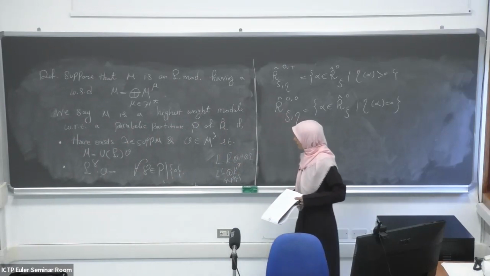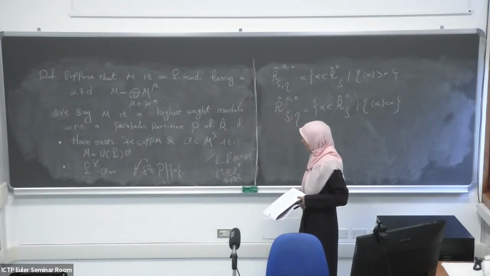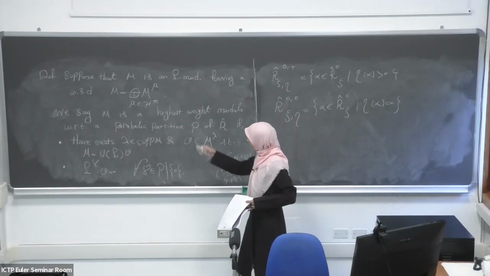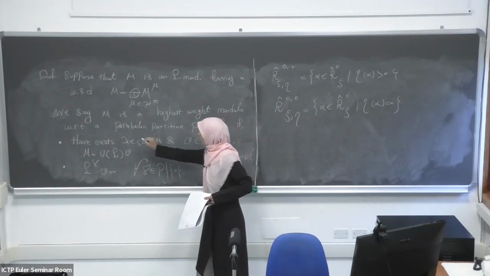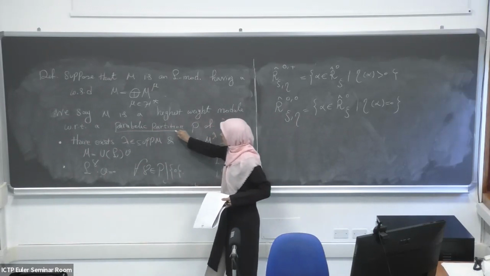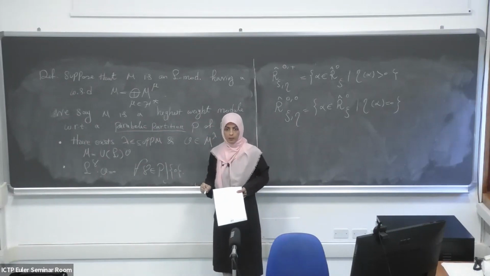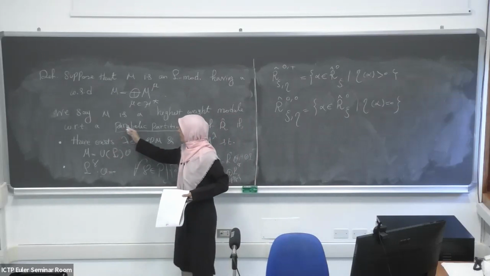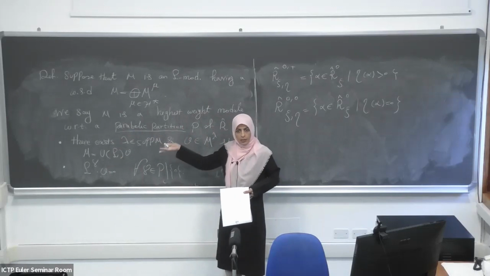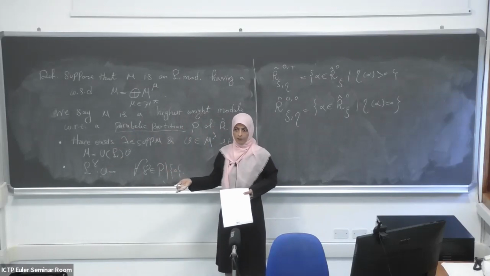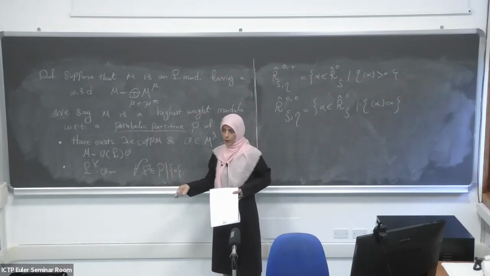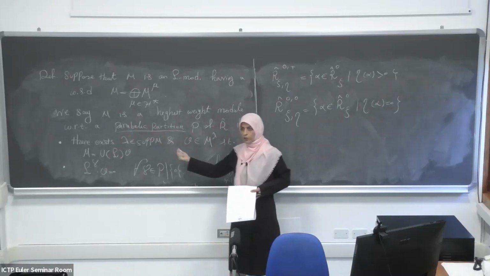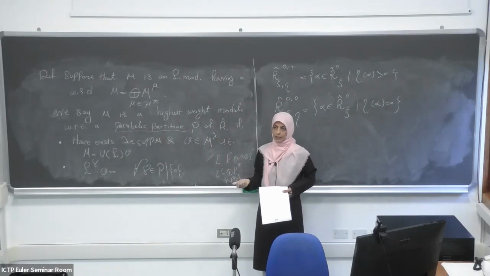But there is a question here. In the setting that I explained, I always assume that we have a parabolic partition. Now the natural question is, what happens if instead of a parabolic partition, we use a parabolic set?